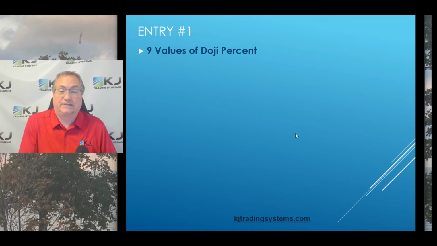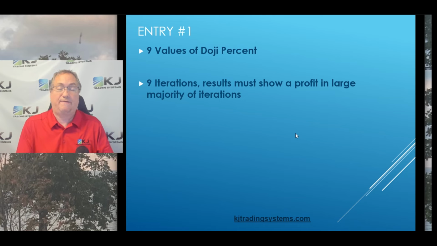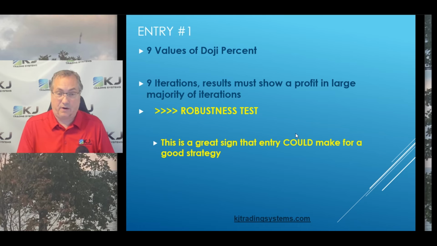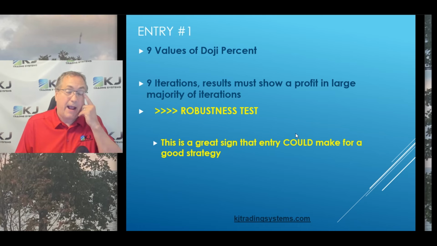And what I'm looking for is, over those 9 iterations, 9 unique cases I run, I want to see that this entry makes a profit in most of them. Okay, that'll show me some robustness, which I'm looking for. And this isn't a final strategy. It just gives you an idea that, hey, maybe there's something here, and it could warrant further testing. And that's kind of all we're trying to do here.